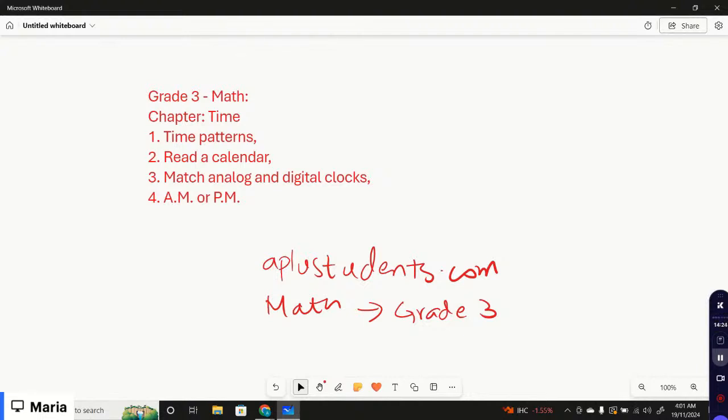There you can find a list of the chapters. We're going to start with the chapter time. The lessons we're going to cover today are time patterns, read a calendar, match analog and digital clocks, and then AM or PM.